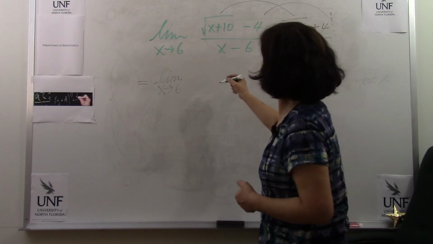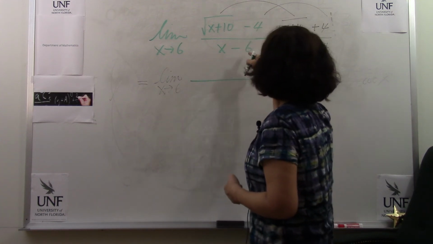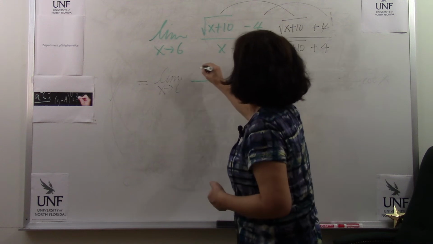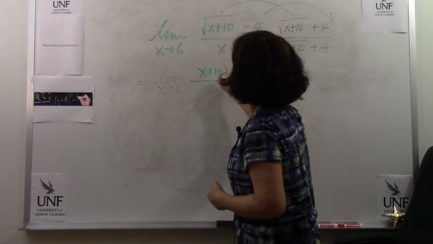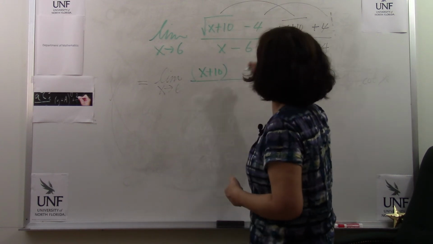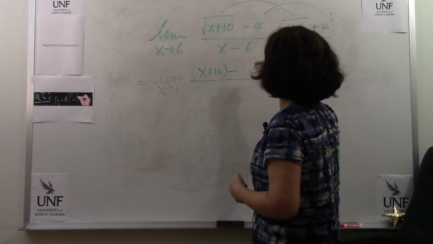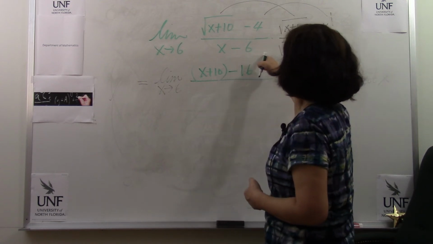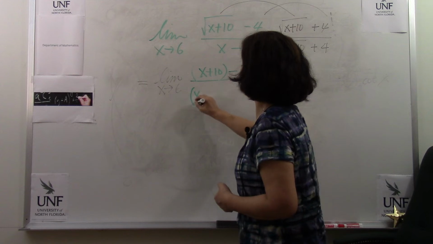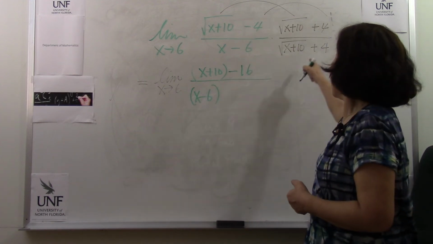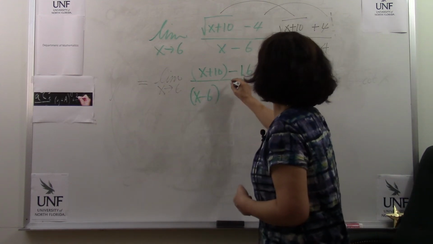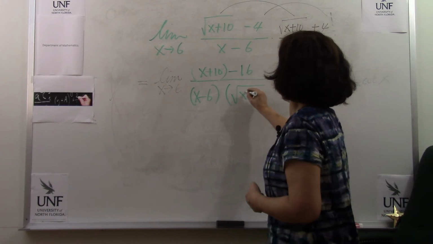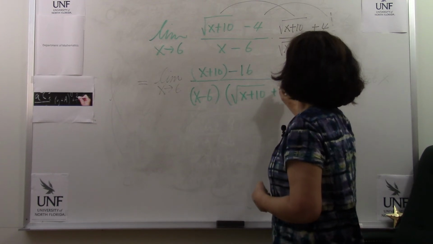Here is x plus 10 minus 4 and 4, so 16. And the denominator is x minus 6, and there's nothing you can do with the rest. It's the square root of x plus 10 plus 4.